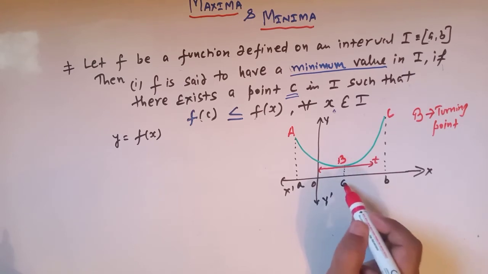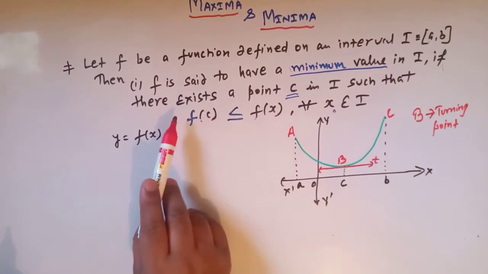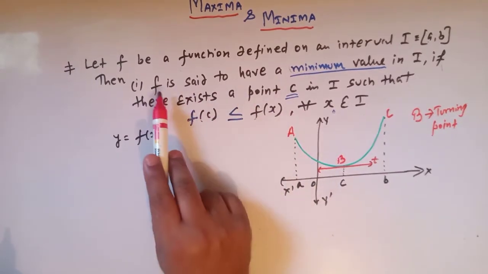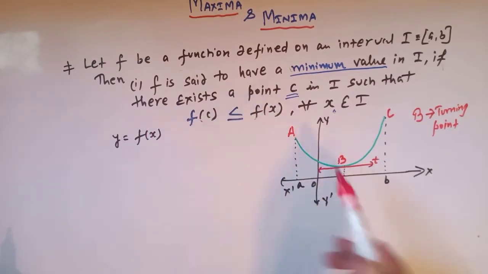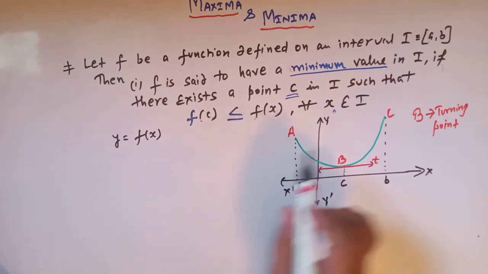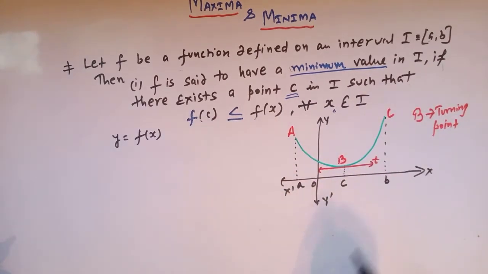So what is the definition of minima? f is said to have a minimum value in I if there exists a point C in I such that f of C is less than or equal to f of x for all x belonging to I.